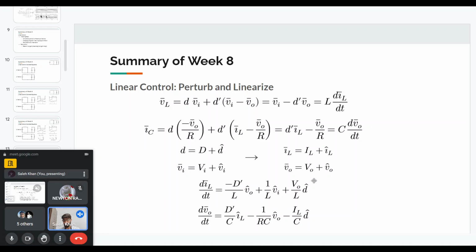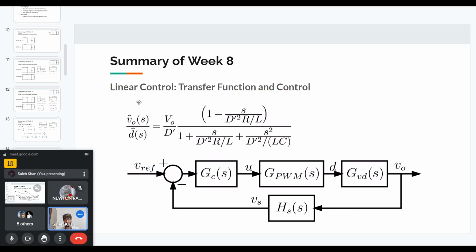I can write these as a state space system, and you must have studied how to find the transfer function from a state space system. I can find the transfer function of the output voltage to the small signal changes in the duty, and it will be basically this equation for the boost converter.